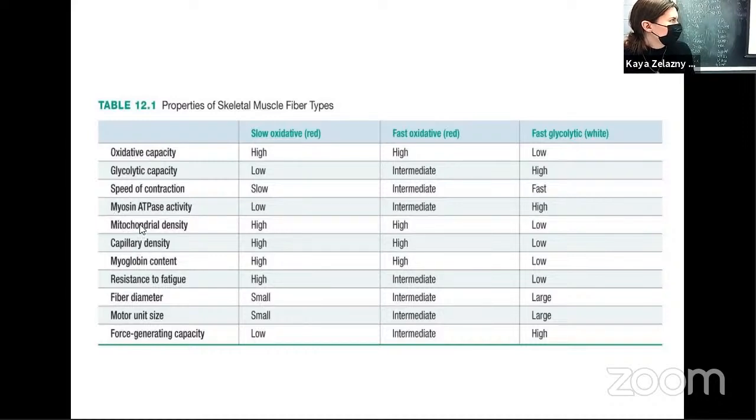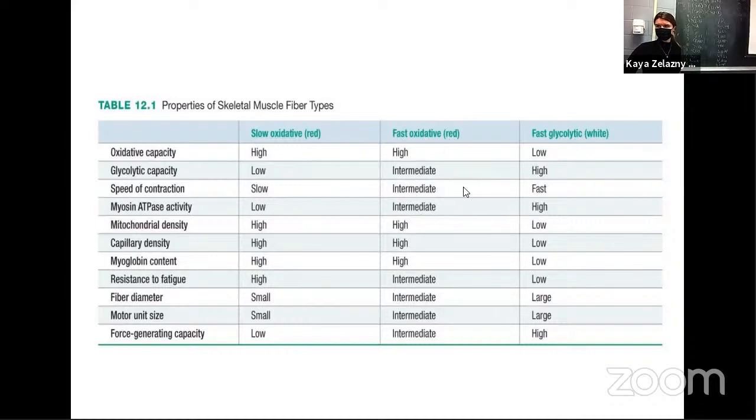It shows how many mitochondria we have, how much blood flow we have in those capillaries, whether they have myoglobin, and then how quickly they fatigue, how big they are, which motor units we find them in, and how strong they are.